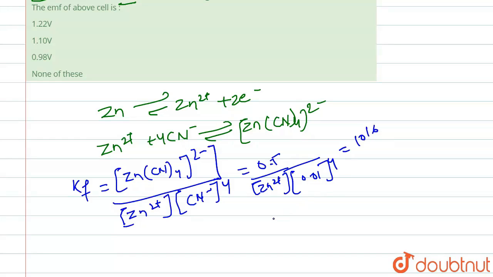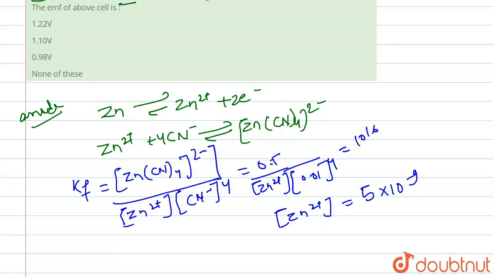So from here our Zn2+ concentration is equal to 5 into 10 to the power minus 9 in solution. And this reaction is obviously taking place at the anode.